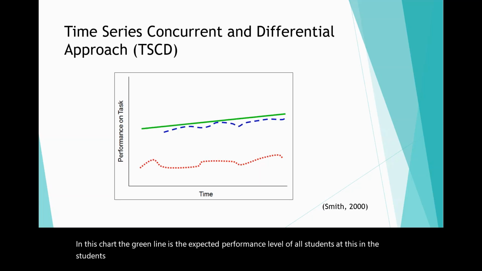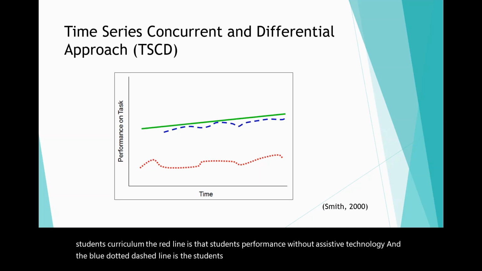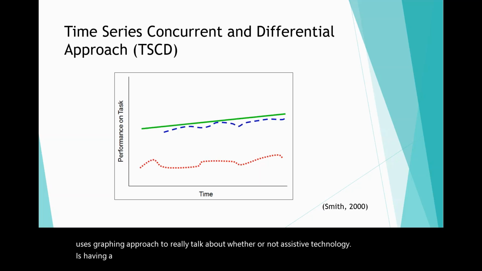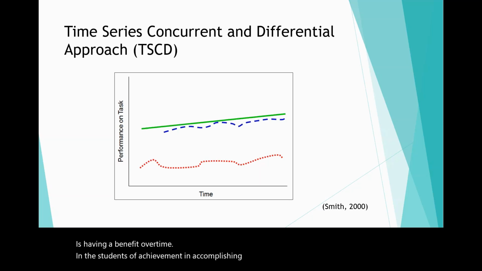The red line is that student's performance without assistive technology, and the blue dotted dash line is the student's performance when using assistive technology. So it uses this graphing approach to really talk about whether or not assistive technology is having a benefit over time in the student's achievement and accomplishing of educational goals.